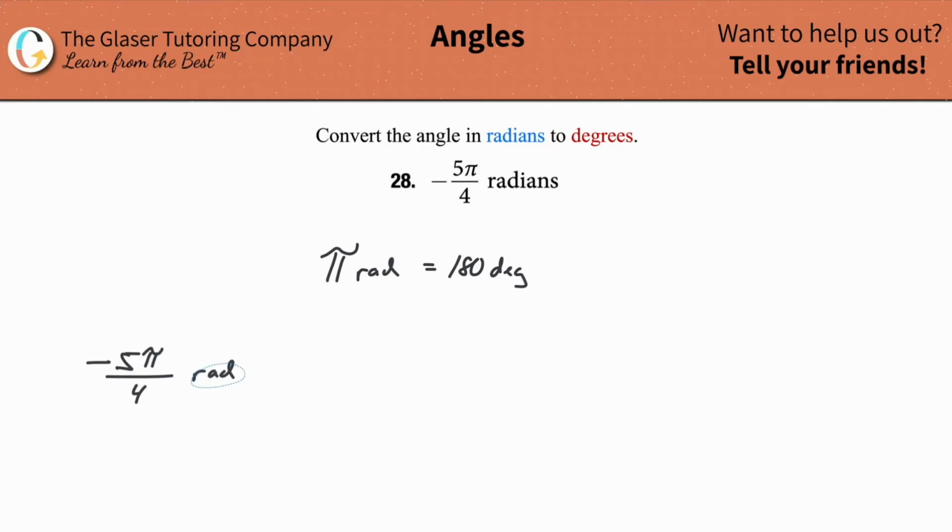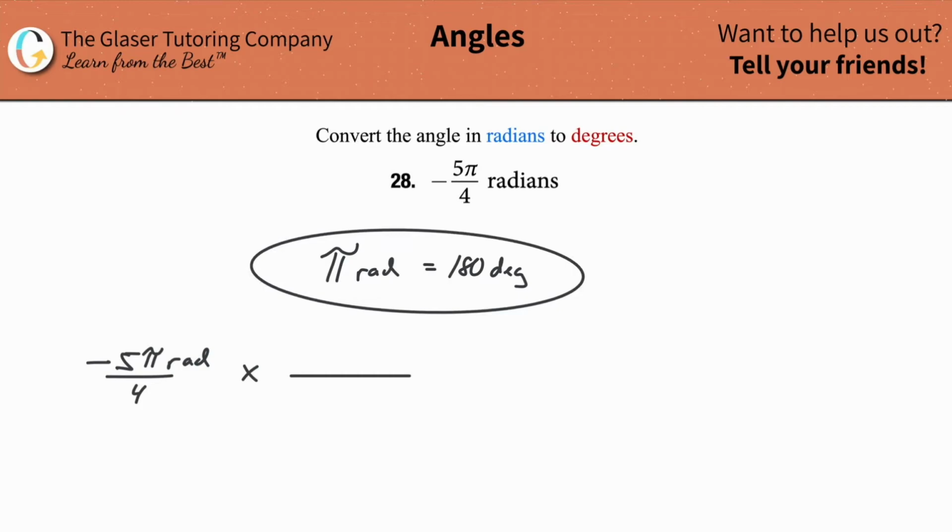It doesn't matter if it's multiplied by it or in the numerator, they mean the exact same thing. So now I'm going to take that and multiply it by my known relationship. Now here's the thing. We don't want radians anymore. We want them to cancel. So if I have the unit of radians in the numerator here, I'm going to put that unit in the denominator.